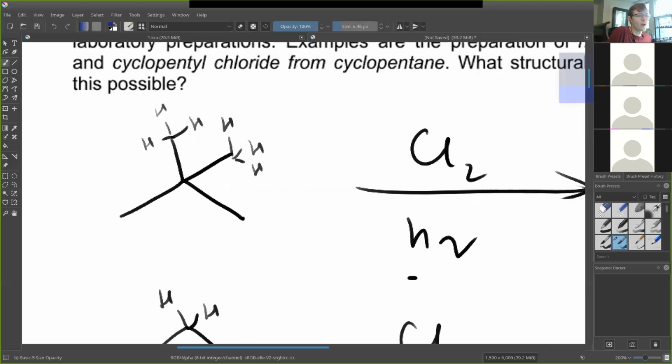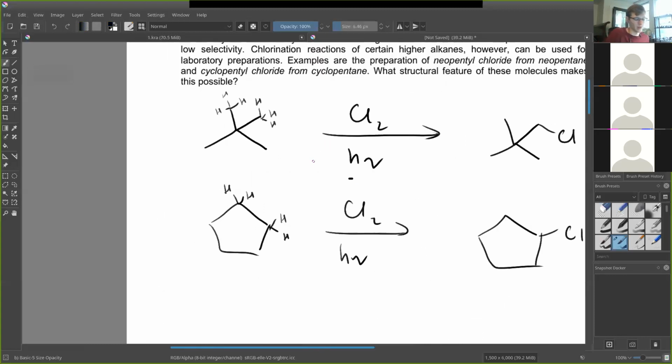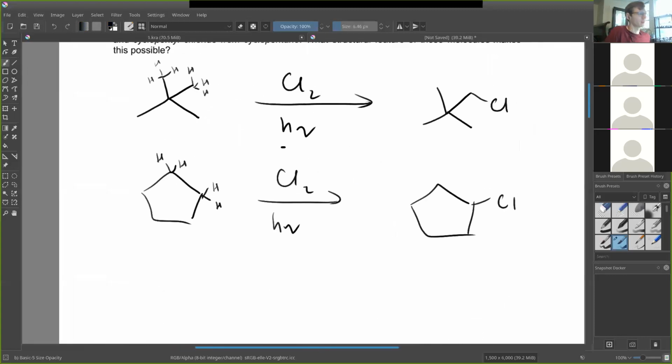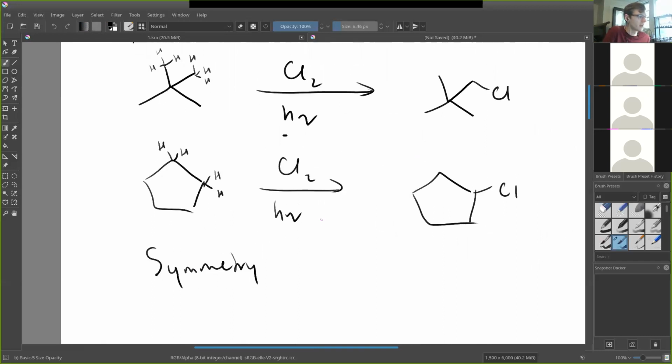If we want to be really abstract, we say that there's symmetry in the molecule, meaning that all of these hydrogens are the same.